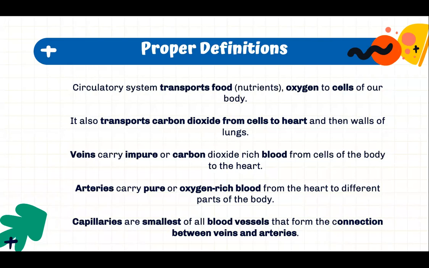So students, bear in mind that veins and arteries do not allow any form of exchange of gas or exchange of food nutrients to waste material. Every exchange happens in the capillaries, in between two main highways. All right.